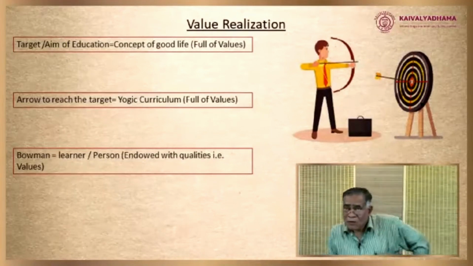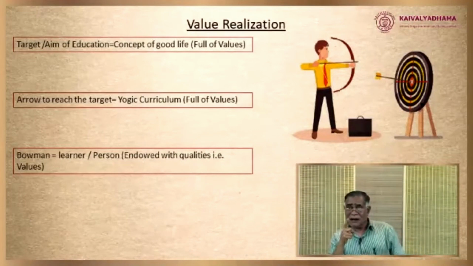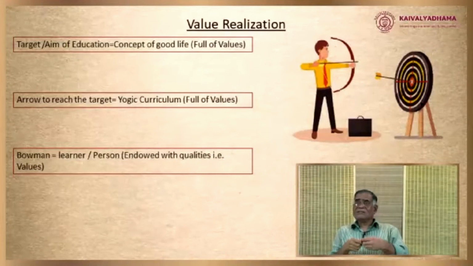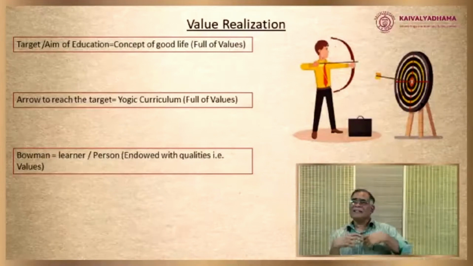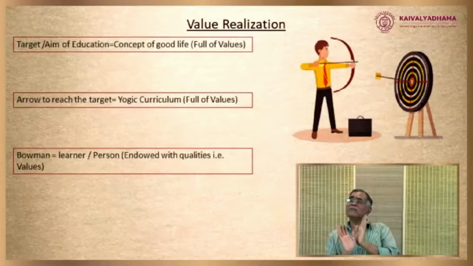And for the entire personality also, the string must be neither too loose nor too tight. In the same way, the personality must be a balanced personality. Then only can this personality realize the aims and objectives of knowledge.